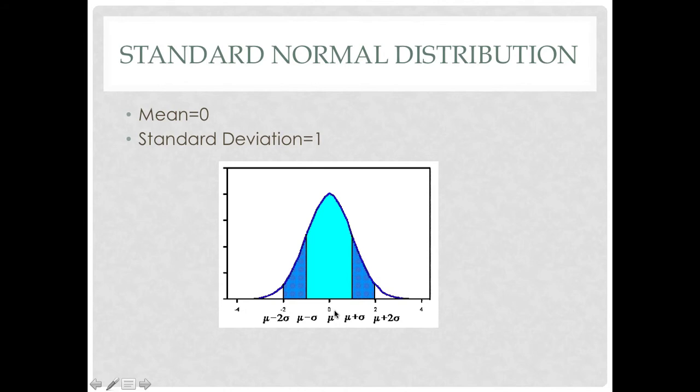What we'll end up doing is taking any set of data that we have that is a normal distribution and converting it so that it is in the form of the standard normal distribution. So we'll convert them so that their mean is converted to 0 and their standard deviation is converted to a 1. Okay?